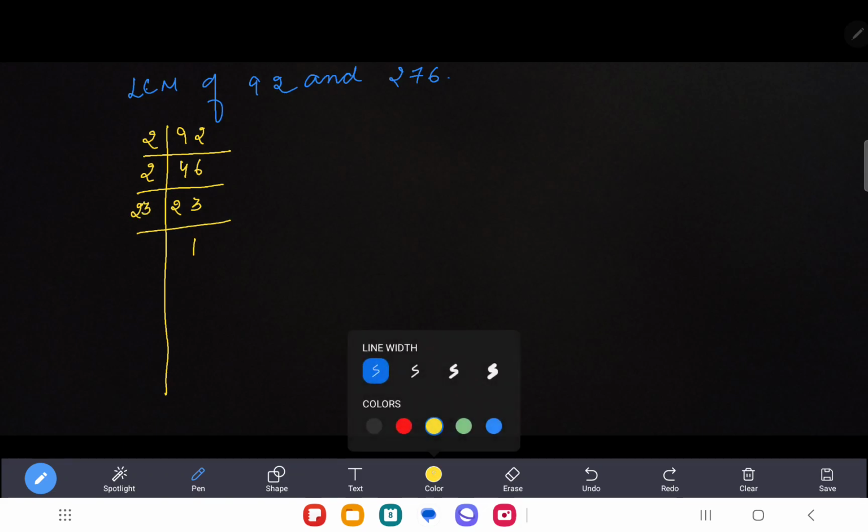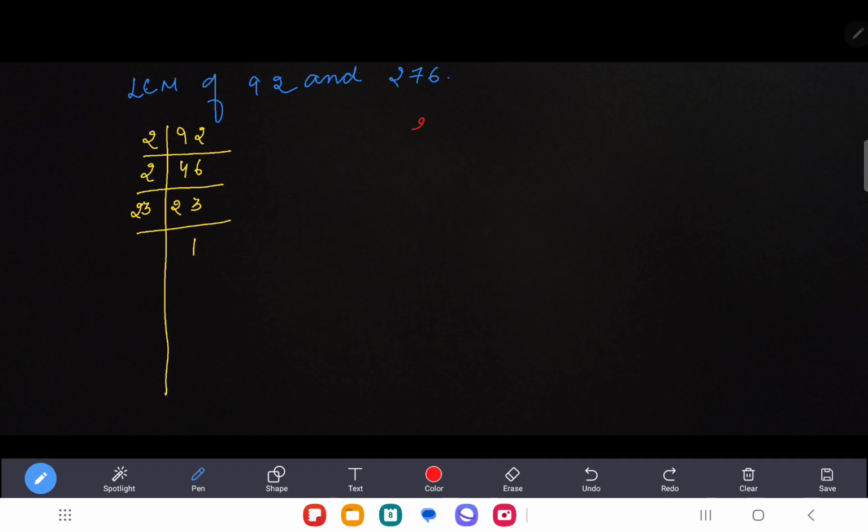So start prime factorizing it. So 92: 2, 2, 46; 2, 2, 23, and 23 ones are 23. Now do 276.